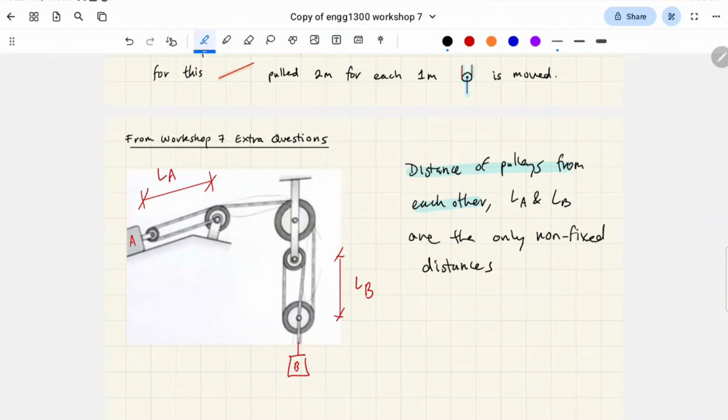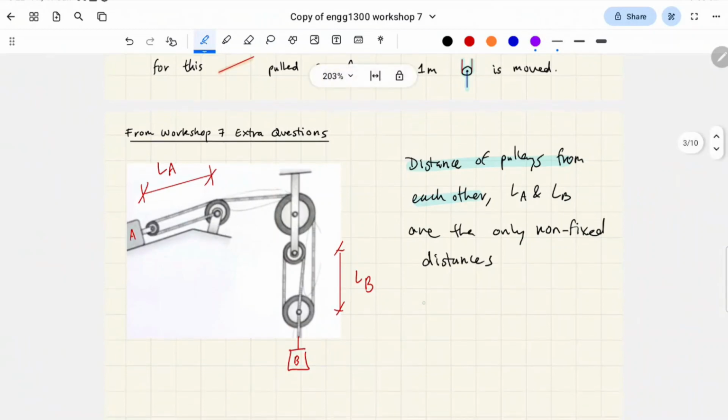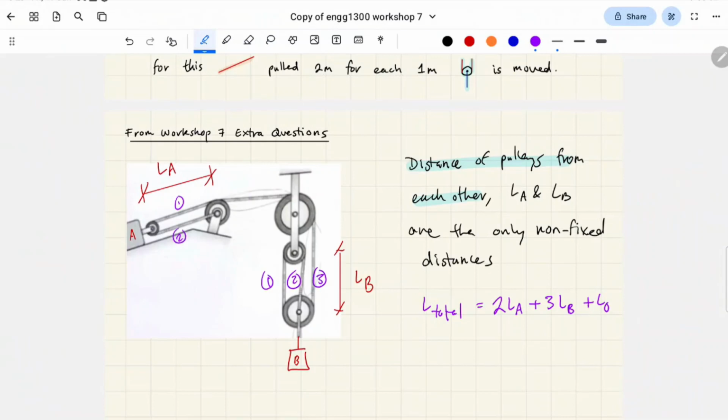Yep. So LA and LB will not be fixed in place, right? So the total length of the rope that we're thinking of is going to be this. Because we've got 2 pieces of rope, 3 pieces of rope here, right?